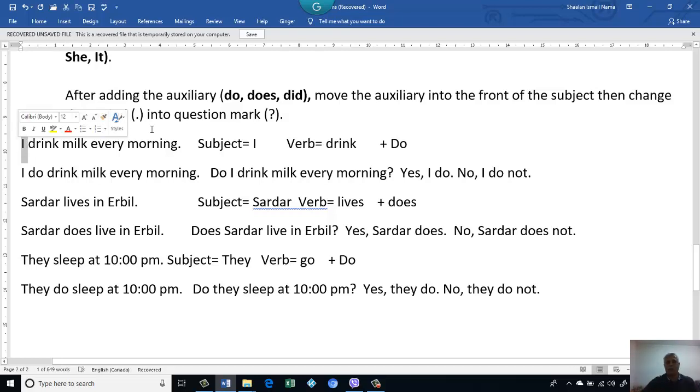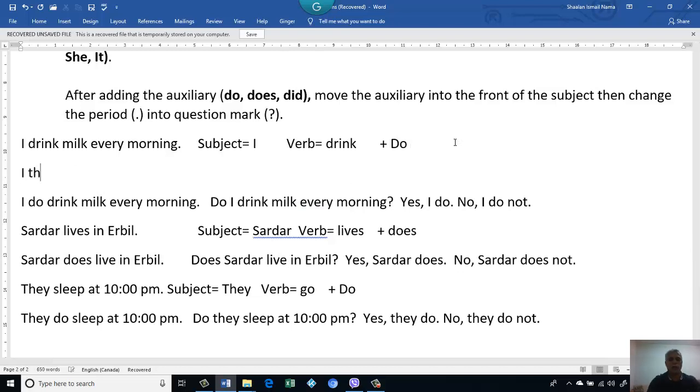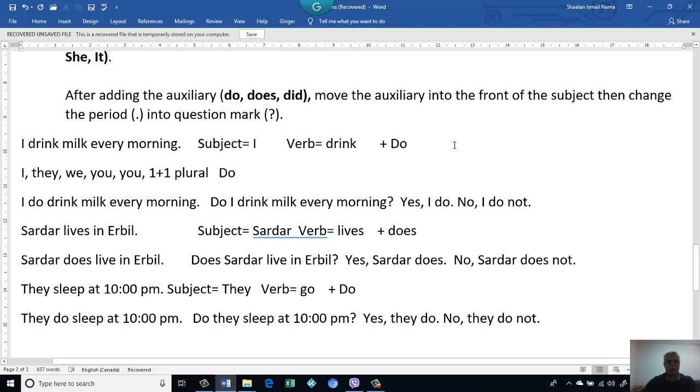If my subject is I, they, or we, or sometimes we say you, or any one plus one, or the plural subject, then we have to add do to it, as we have it here.